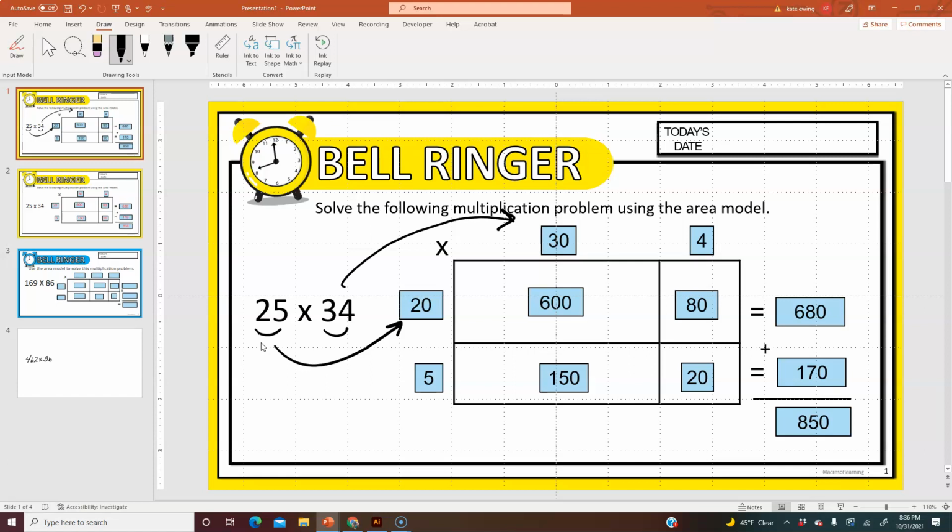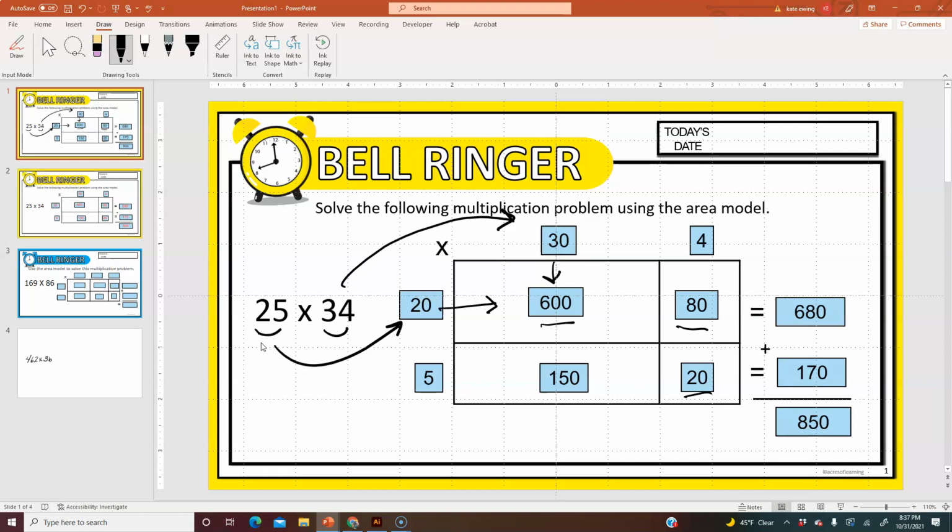Now where these two numbers meet, you multiply those two numbers together. 30 times 20 is 600, and 30 times 5 is 150, 20 times 4 is 80, and 5 times 4 is 20.